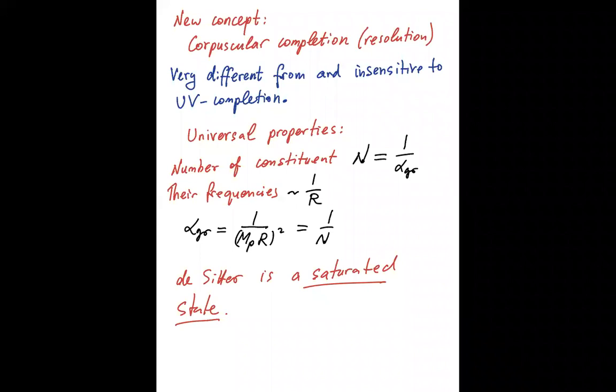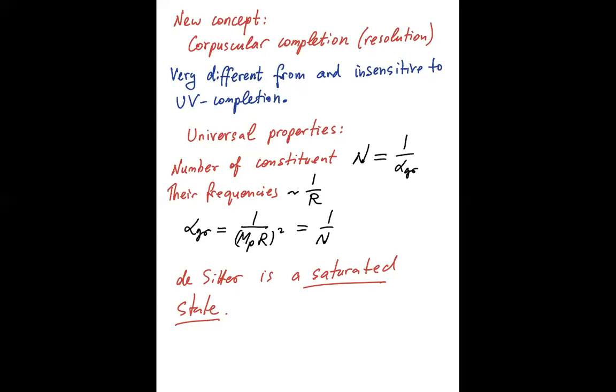Minkowski is one out of infinitely many possible backgrounds in general theory of relativity. But the S-matrix tells us that Minkowski is special, and de Sitter, therefore, has to be visualized as an excited state on top of Minkowski. And therefore, de Sitter has to be resolved corpuscularly.